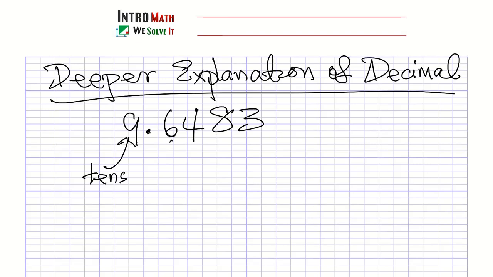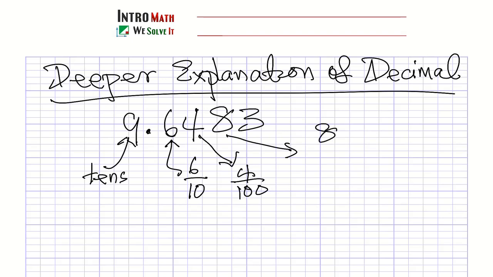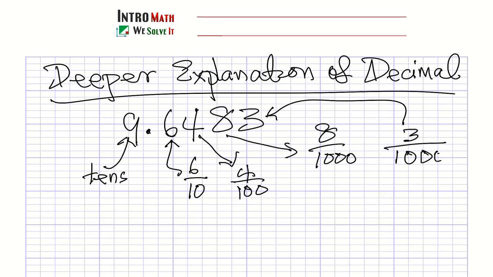And then this 6 here represents 6/10, and this 4 here represents 4/100. This 8 here represents 8/1000, right? And then the 3 here represents 3 over, actually it's 10,000. Okay, it's 4 zeros.